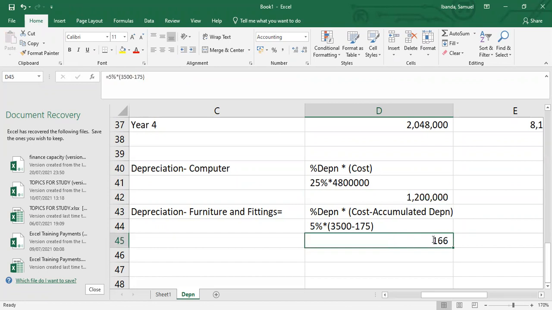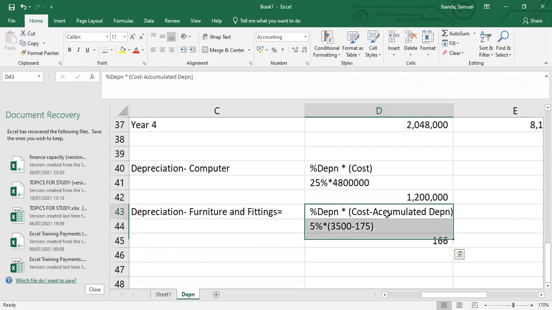And for reducing balance, we apply it on the cost minus accumulated depreciation. You get it? Remember, this cost minus accumulated depreciation is the net book value, the carrying amount. That is how we get that.